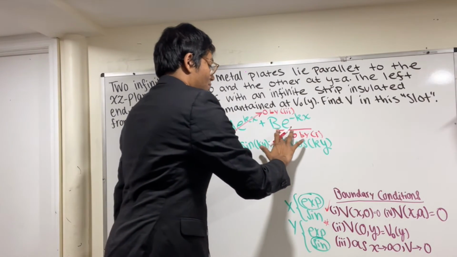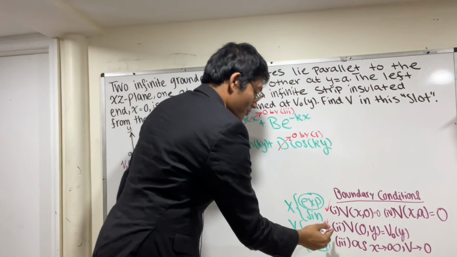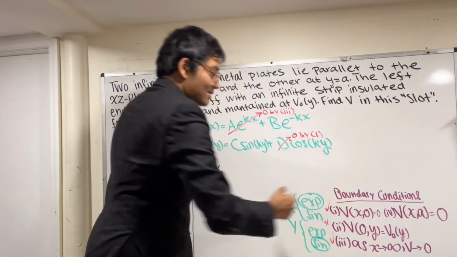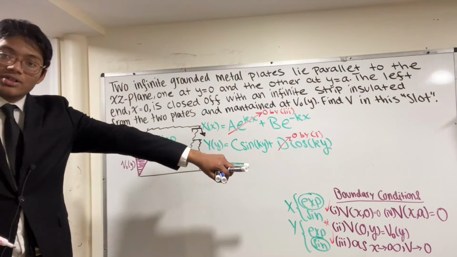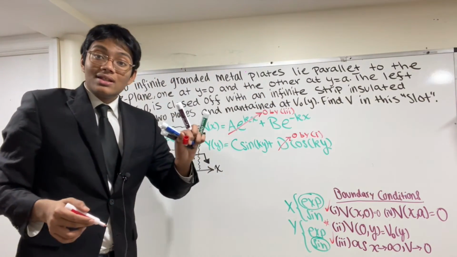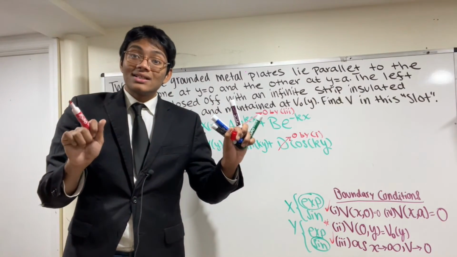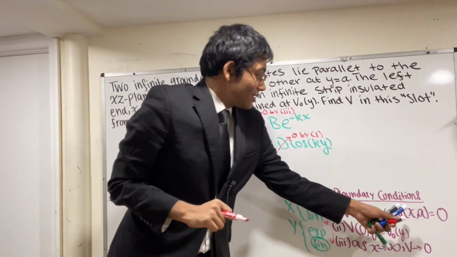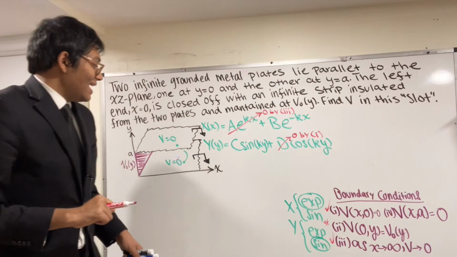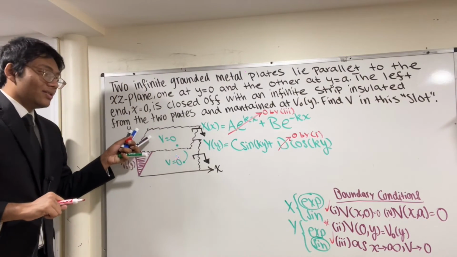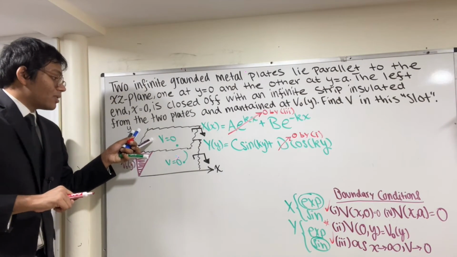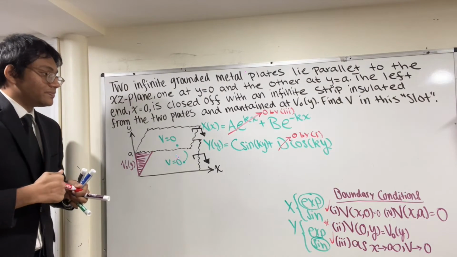Okay, so we are doing quite some work by imposing these boundary conditions. Let's take a look at that last boundary condition, number 4. The boundary condition number 4 tells us this: the electric potential at A, well, where is A? It's right here, is 0. So at the upper metal plate, the electric potential is 0.